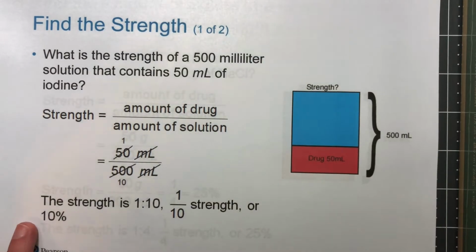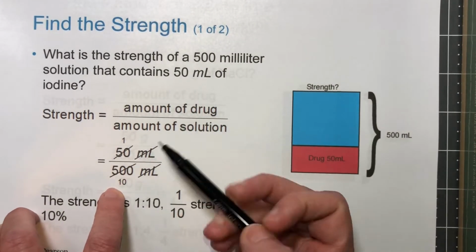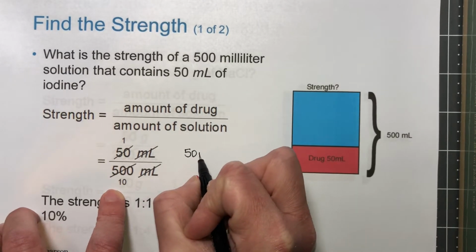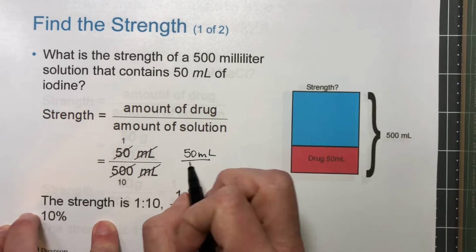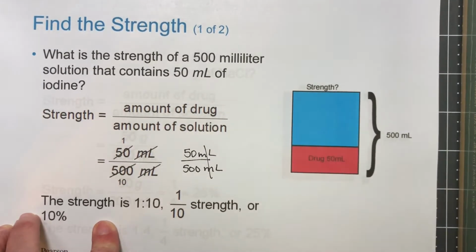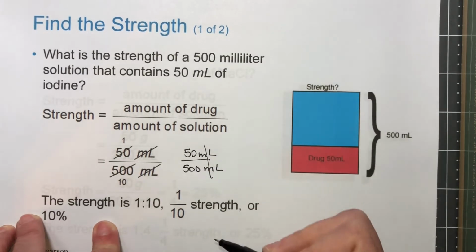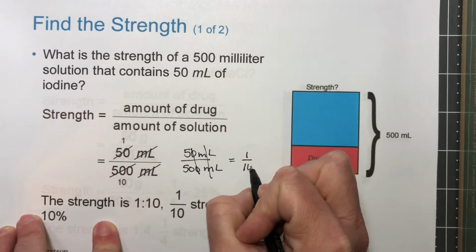So what we do is we take the amount of the drug, which was 50 milliliters, and then we divide that by the amount of the solution, which is right here. Notice our units canceled. We have 50 over 500, which is the same as 1/10.